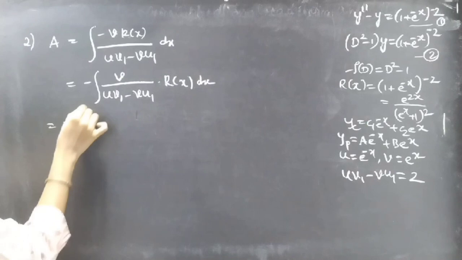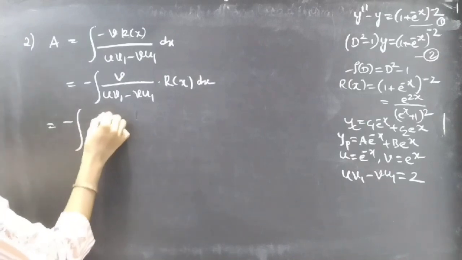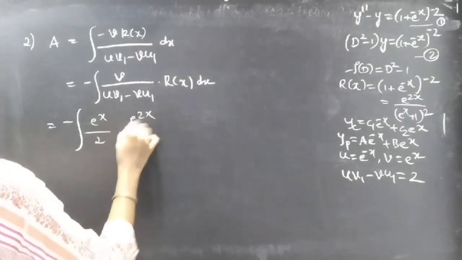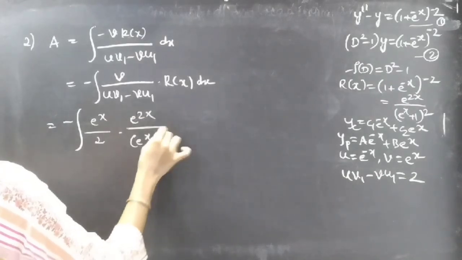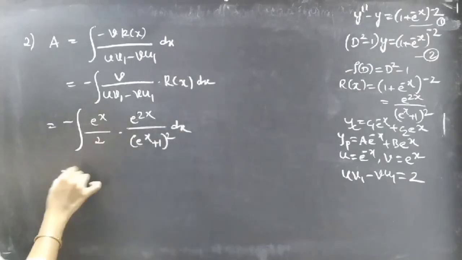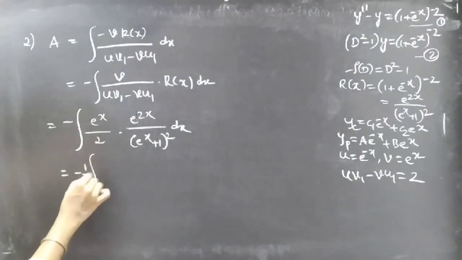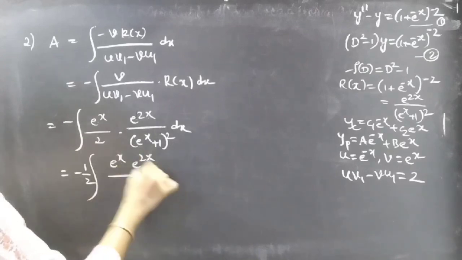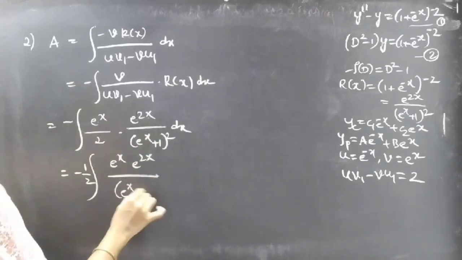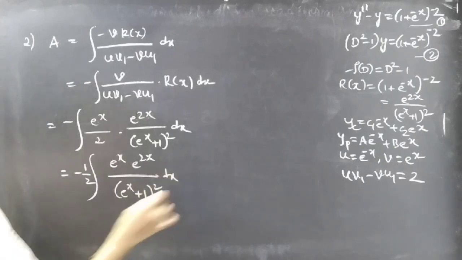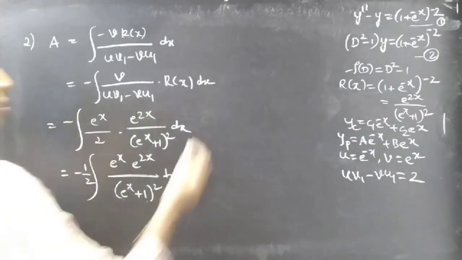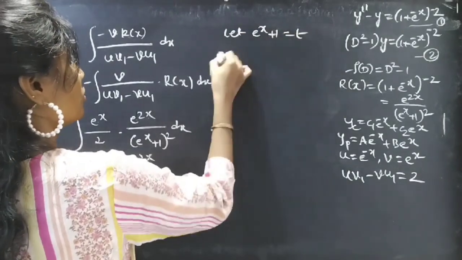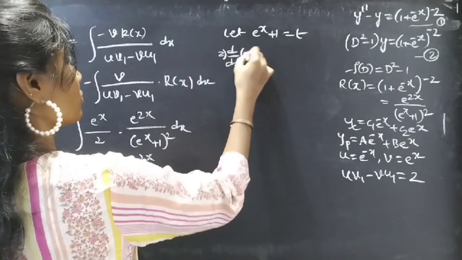This equals minus integral of v, which is e power x, by uv1 minus vu1, which is 2, into r of x, which is e power 2x by e power x plus 1 whole square, into dx. This gives us minus 1 by 2 e power x into e power 2x by e power x plus 1 whole square into dx. Let e power x plus 1 be some t. Now differentiate on both sides with respect to x.